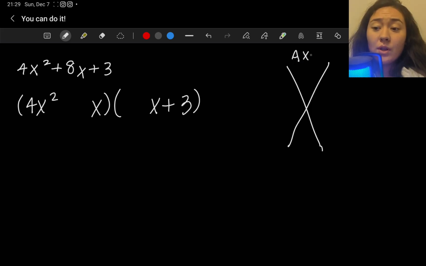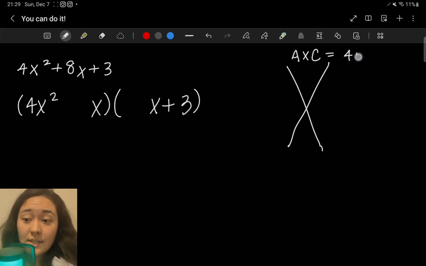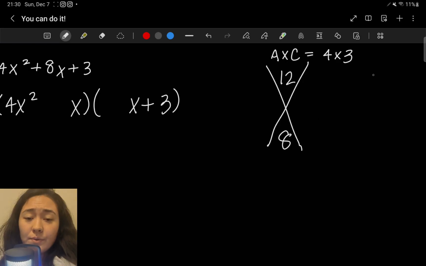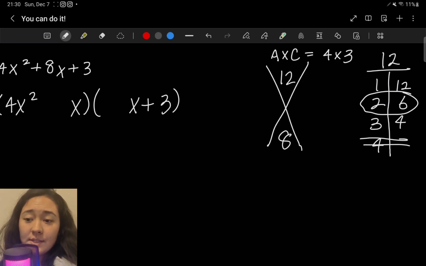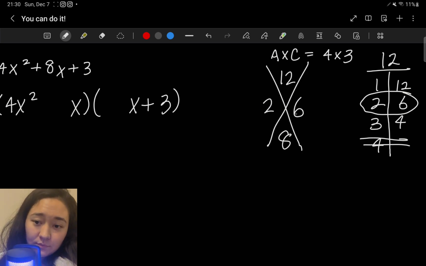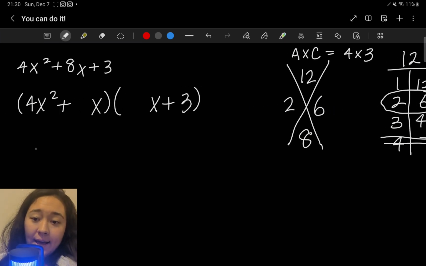Okay, so our x has a times c, which is 4 times 3, 12. And then on the bottom we have 8. And then skip ahead on the t because I know that you're already good at that. We find 2 and 6. We add those into our template.